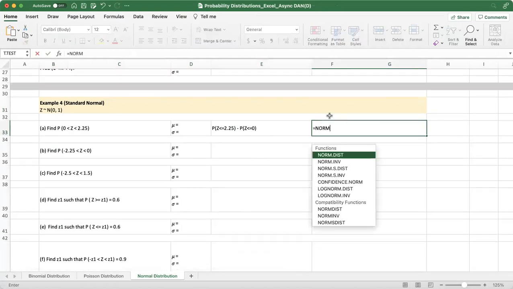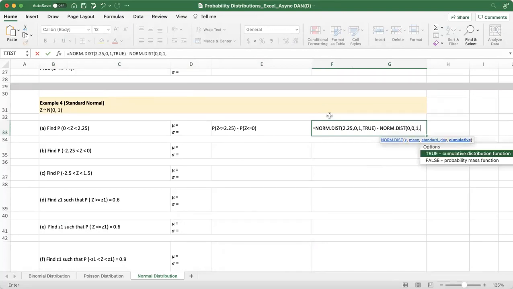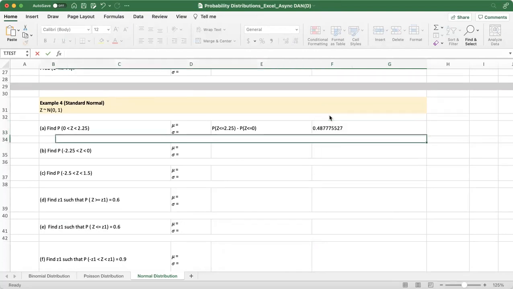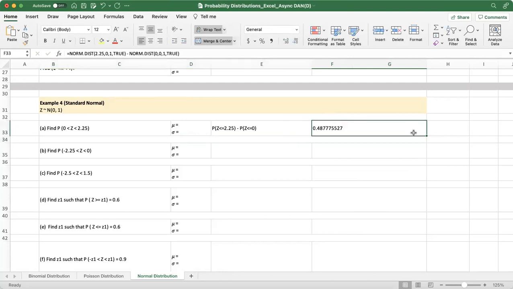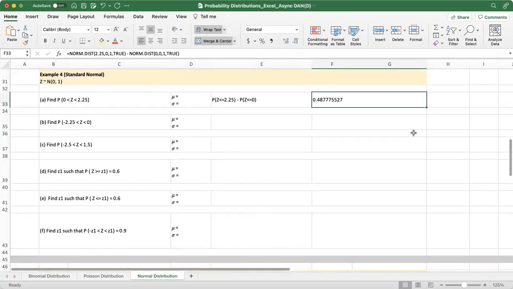So this will be norm.dist 2.25, 0, 1, true, minus norm.dist 0, 0, 1, true. And it turns out about 48% of the area is between 0 and 2.25. And from the graph, we can see why that is the case. As always, check with the applet if your answers are correct.